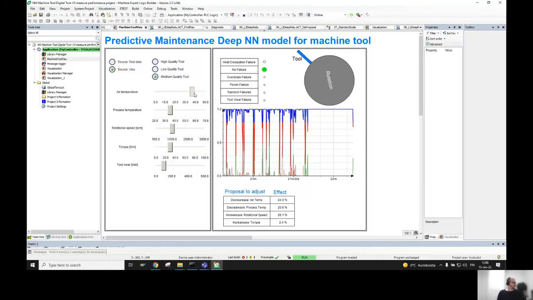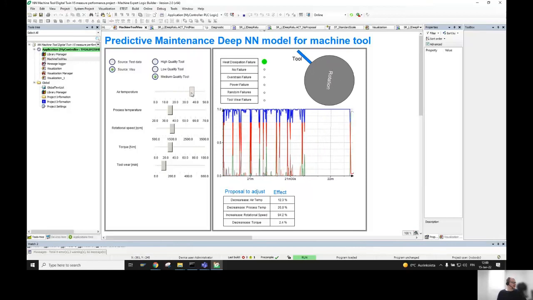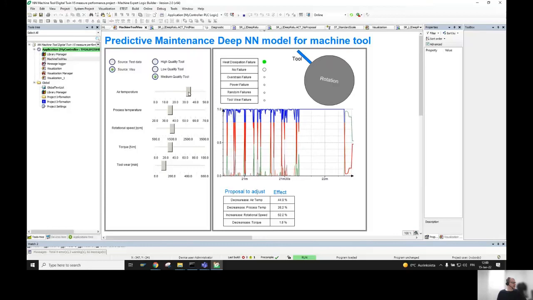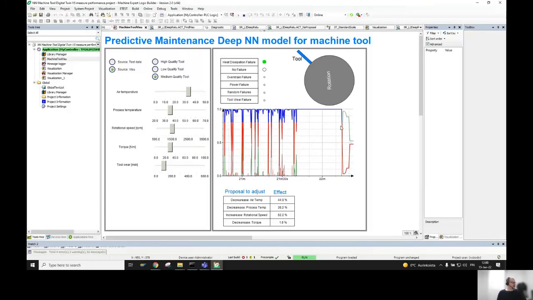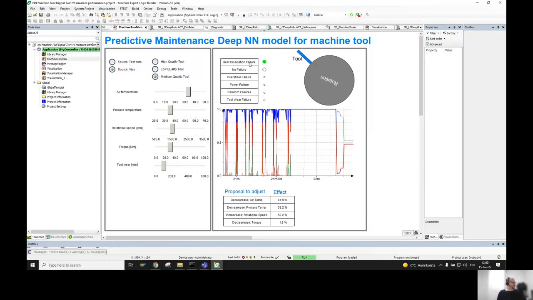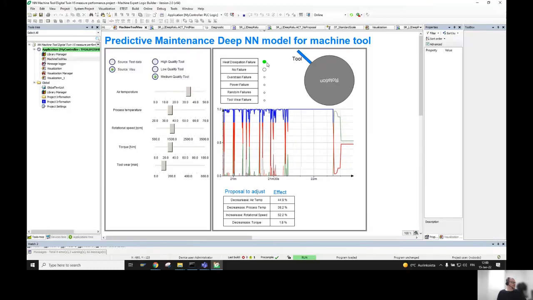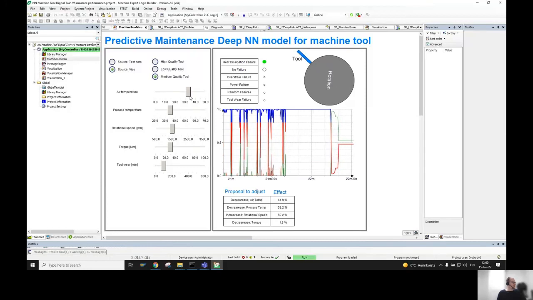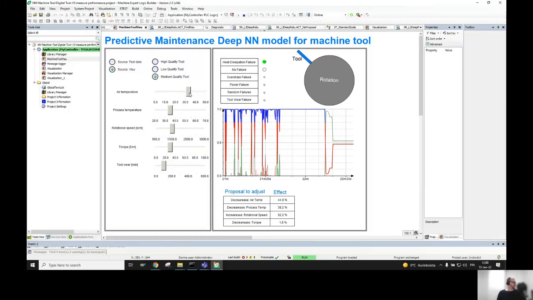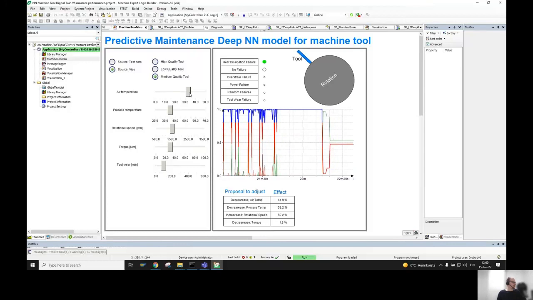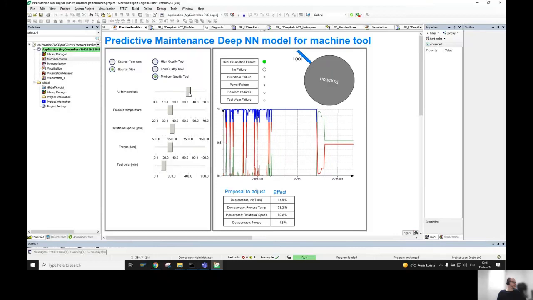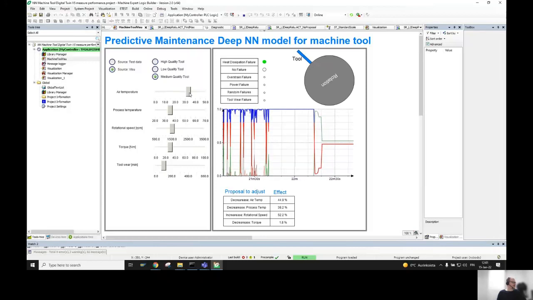So let's start to change these parameters. Let's say I will change the air temperature with these parameters. This probability will go below 80%, and then there is a heat dissipation failure rising. And well, it's quite reasonable if we are changing air temperature, then probably there are some heat dissipation problems.